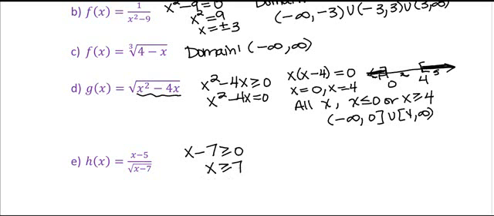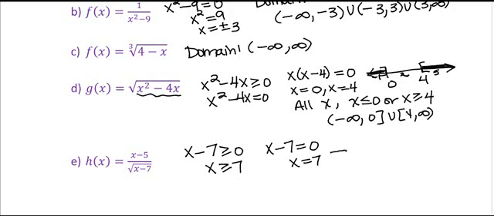So x greater than or equal to 7 makes that radical defined, but then I can't divide by 0, so I have to find out where x minus 7 is equal to 0, and I have to throw that number out. So this is saying that x has to be greater than or equal to 7, but it can't be 7.